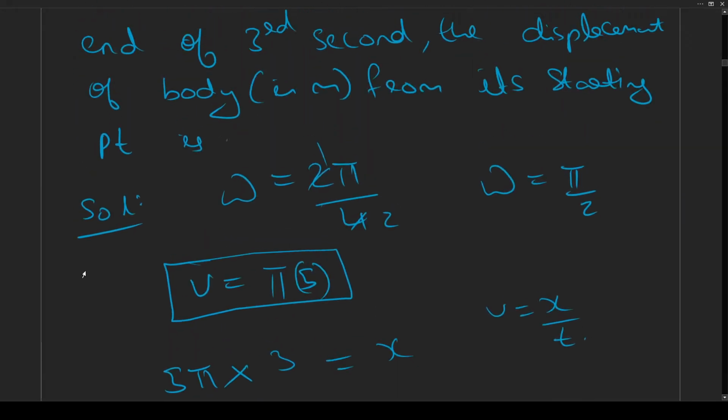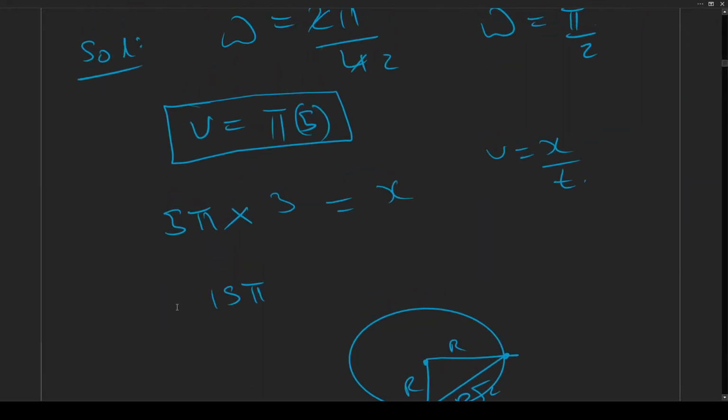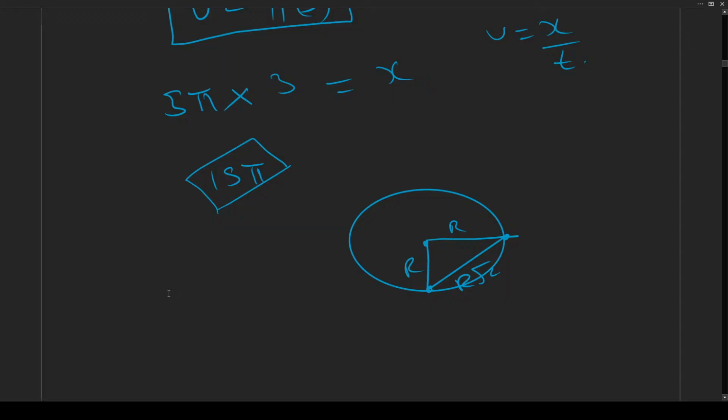Since it is the actual displacement from the starting point, what we found is distance here, that is 15 pi. But displacement, which is the direct path from here to here, is r root 2. R is 10, so displacement is 10 root 2.